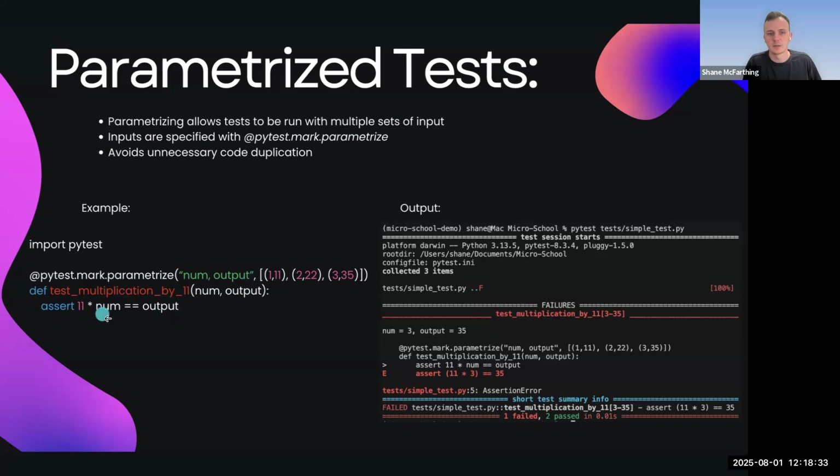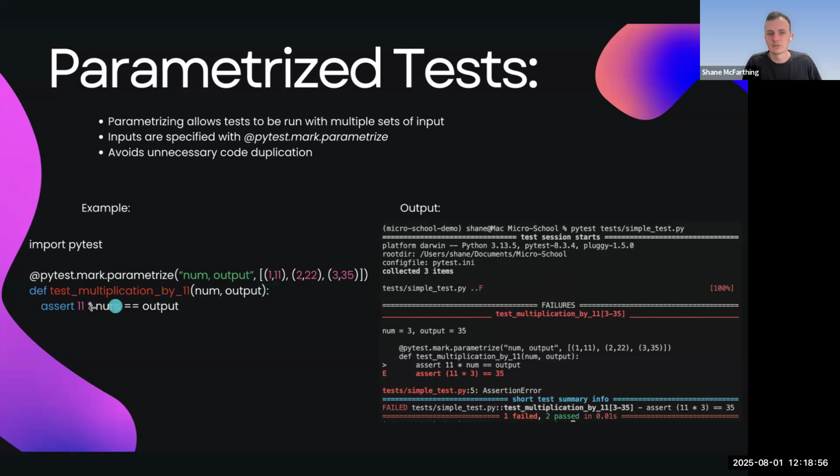So we'll check that 11 times 1 is 11. That's true, so it will pass. The second one is 2 and 22, so 11 times 2 is equal to 22. That's true. And then the last one is 3 and 35, so we'll say 11 times 3 is equal to 35. This assertion will fail, and that will show that this test fails for that case.